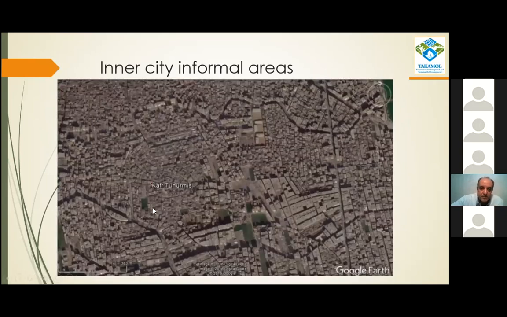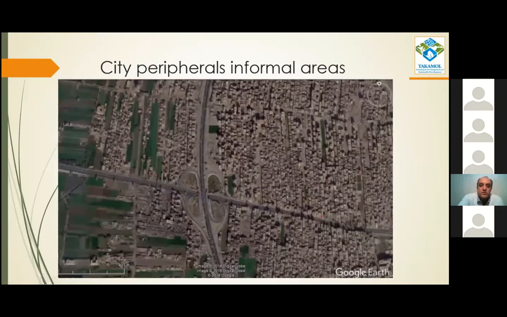And this is another example of a village and extension onto agricultural land, with wide streets that used to be water canals. And this is the extension on the city peripheries over the agricultural land. So we have to ask ourselves, is it normal to extend informal areas over agricultural land? From the ethical point of view, of course not, because we have scarcity of agricultural land and we have to preserve it.